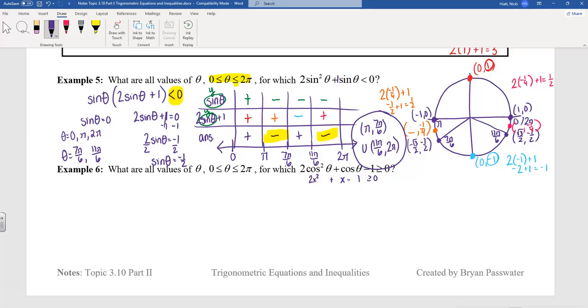A lot of you are X method followers. So, if you are, remember with X method, if you have a number in front of x squared, you've got to multiply the 2 times the negative 1, and you're trying to multiply to get negative 2. And then you are trying to add to get the middle number, which is a positive 1.